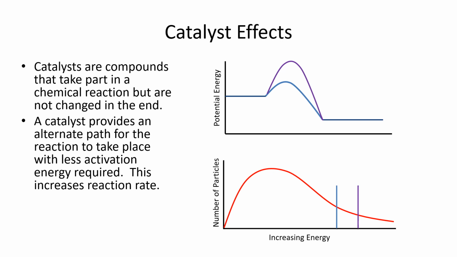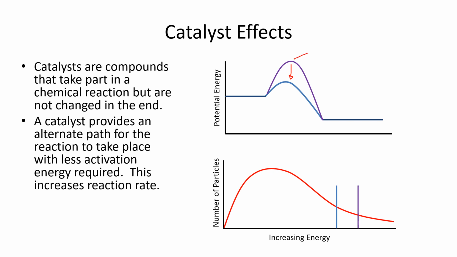Catalysts are a really neat way to change the reaction rate. What they do is essentially reduce the amount of energy needed for the reaction to proceed. They do this by giving reactions a different sort of pathway that requires less energy. And so there's a smaller hill for those particles to have to get over in order for the reaction to proceed.